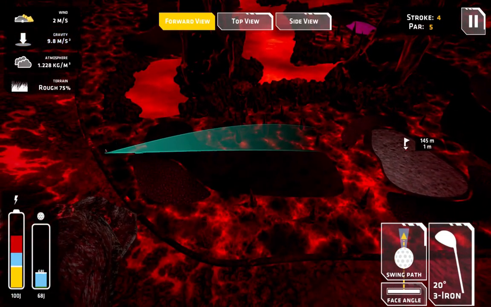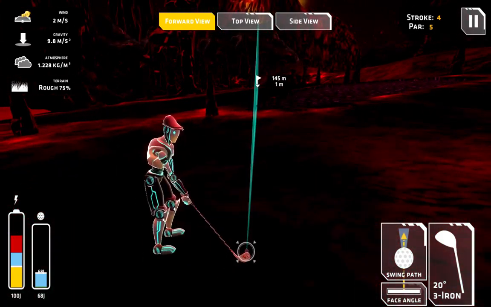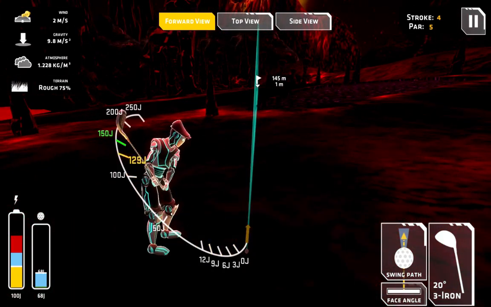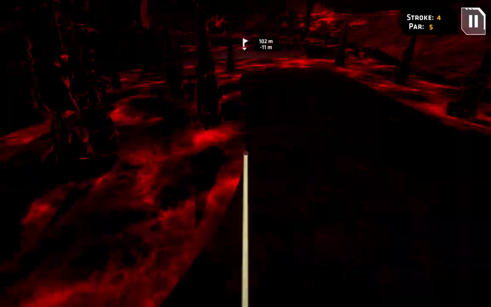Okay, that actually looks like it's going to go in. Okay, I just got a straight shot. Earth-like gravity. Straight in. Here we go.